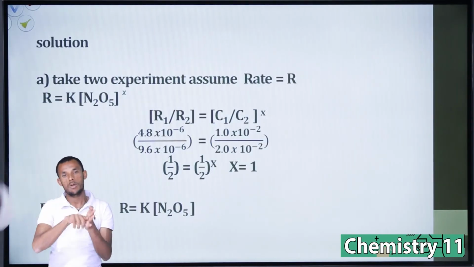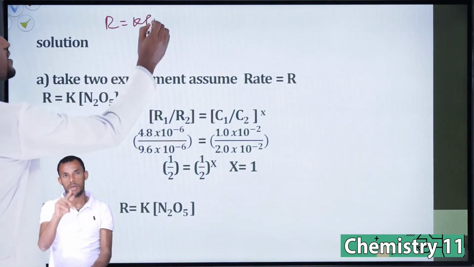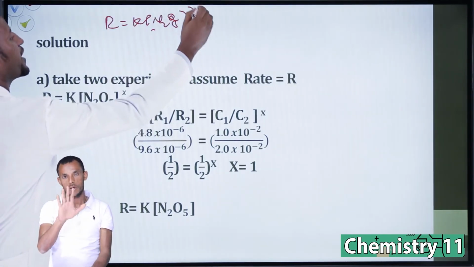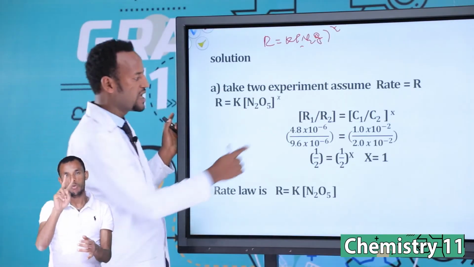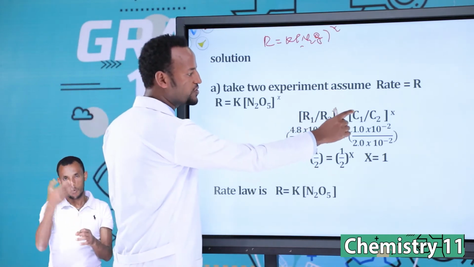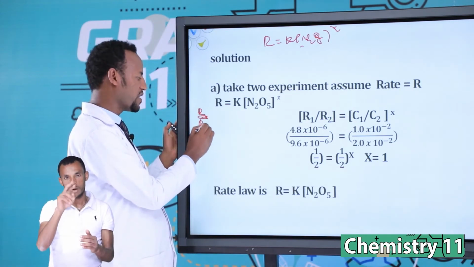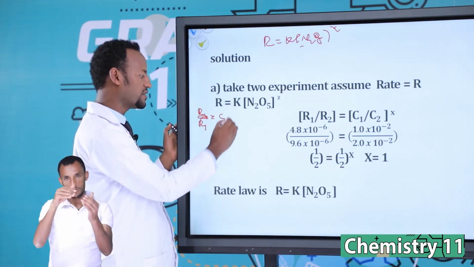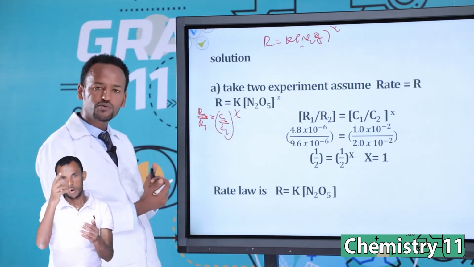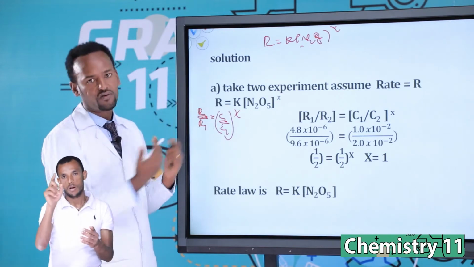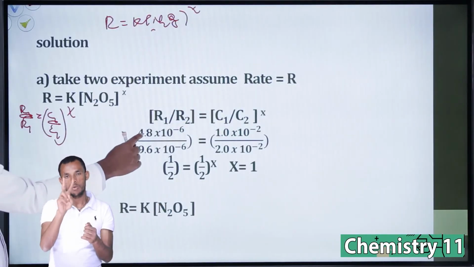Take 2 experiments. R is equal to K times N2O5, the power of X. K is constant, so for 2 experiments, R1 over R2 is equal to C1 over C2, the power of X. Again, it is possible: R2 over R1 is equal to C2 over C1, the power of X. R1 means rate 1, R2 rate 2.